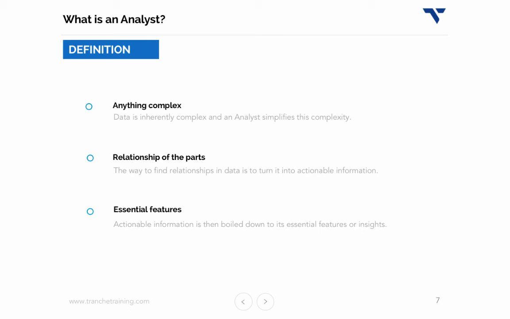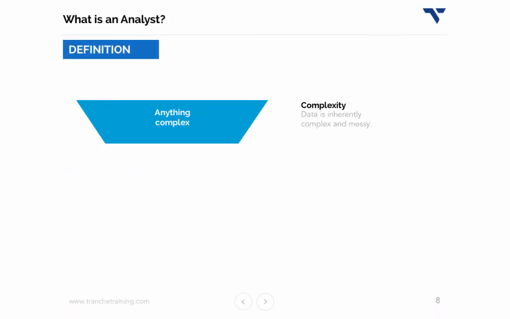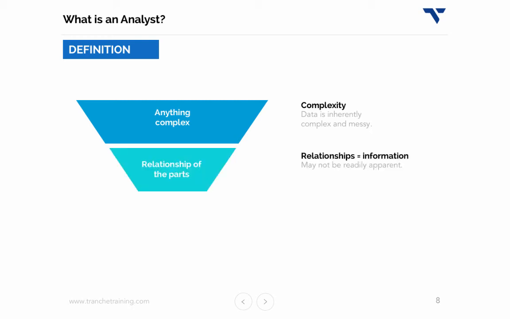Alright, so we're getting closer to a working definition of what an analyst is. Let's just take this one step further now that we have those three things in place. The first part of the definition is anything complex. As we've determined, most times data is inherently complex and messy. In that complexity are relationships, which we will call in this case information.